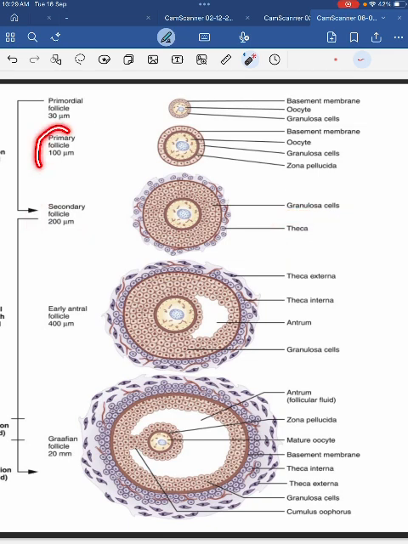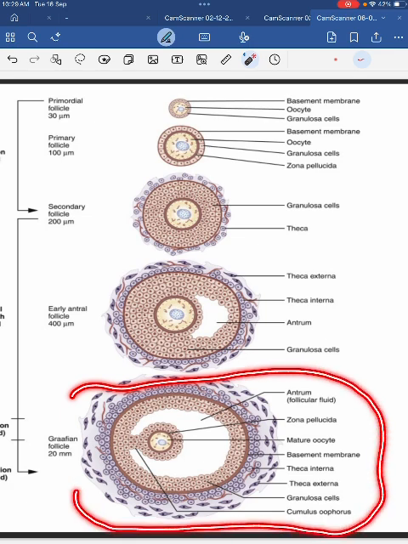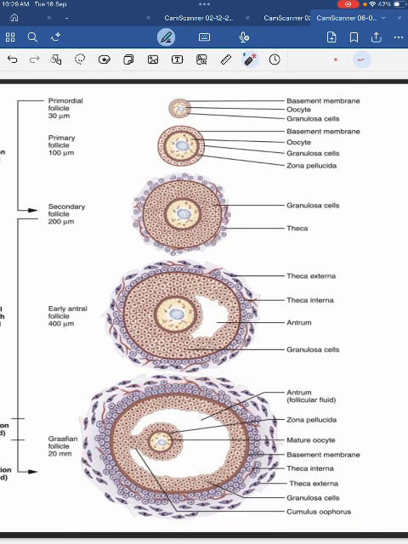The size of primary follicle was 100 micrometer, secondary follicle 200 micrometer, and when antrum appears, then we call it early antral follicle. And finally, when a mature follicle is produced, and all these structures are present, then we call it Graafian follicle.